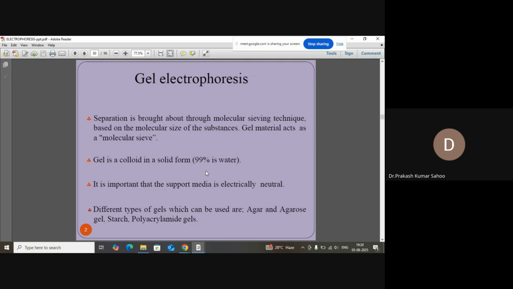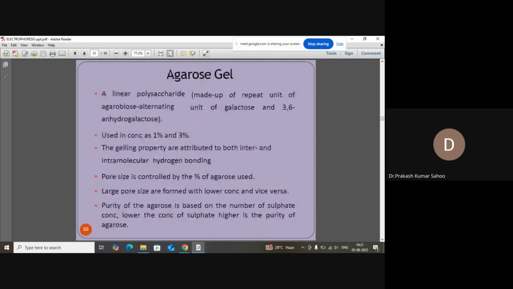In gel electrophoresis, the supporting medium is a gel material that acts as a molecular sieve, and here the gel is a colloid in a solid form, that is 99% water. It is important that the support media is electrically neutral. Different types of gel which can be used are agarose gel, starch, polyacrylamide gels, etc. We have the agarose gel.